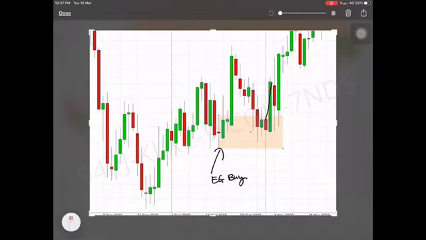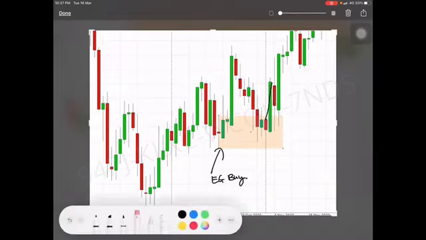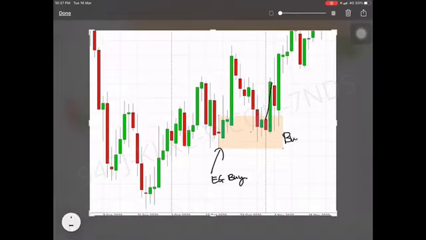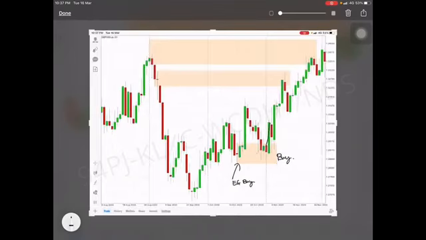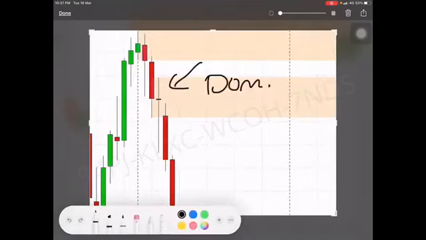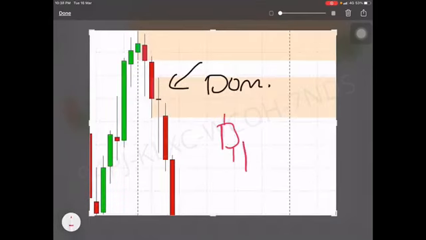So you know that you buy from here. So you buy. Okay. So where do you target for your exit? So this is a DOM. Okay. So this DOM is a red DOM. So if it is a red DOM, that means that this area is for sell or for buy?